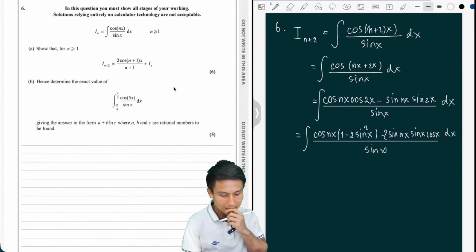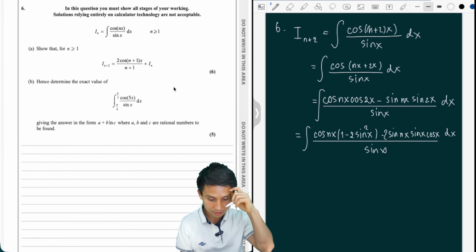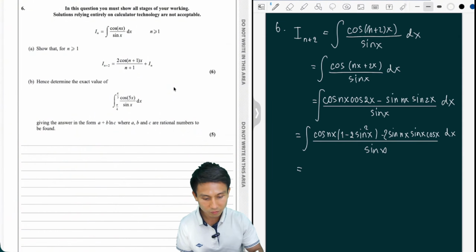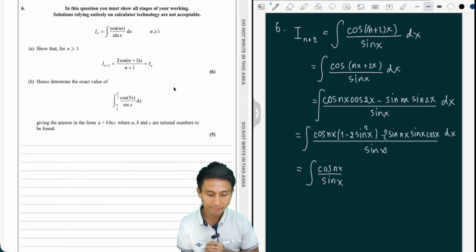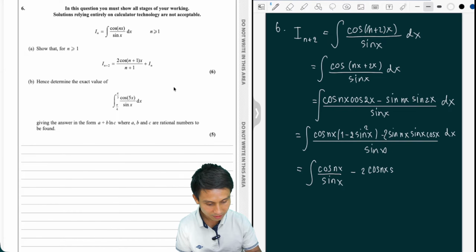So how are we going to simplify all that? If you expand this all out, you're going to get the first term to be cos nx divided by sine x. The second term will be minus 2 cos nx sine squared x over sine x.